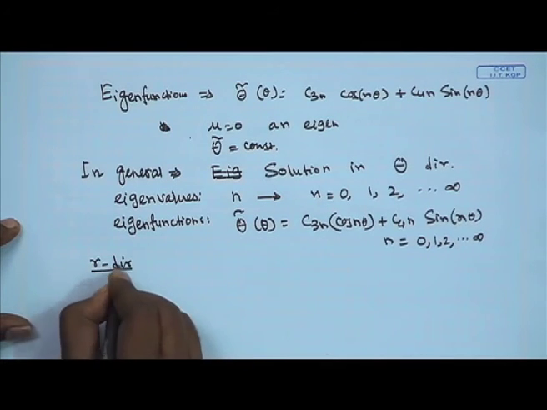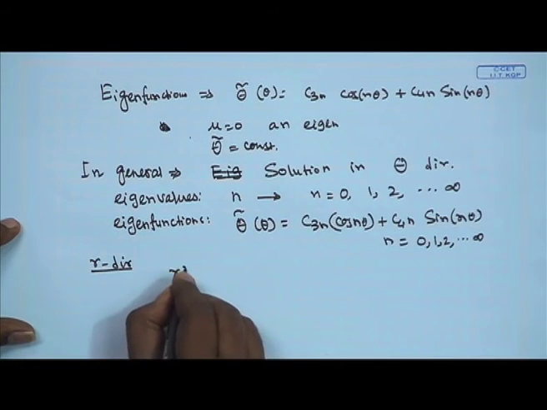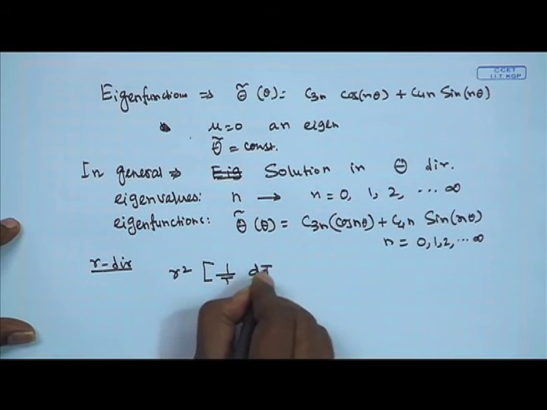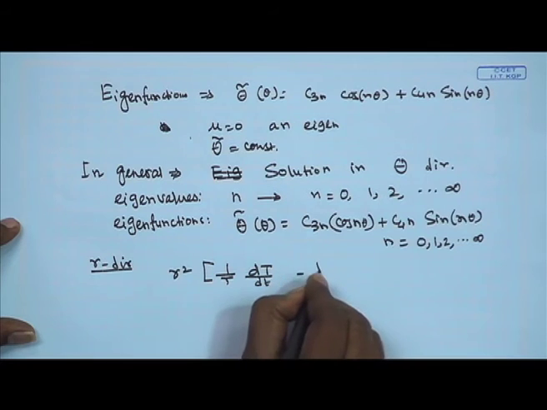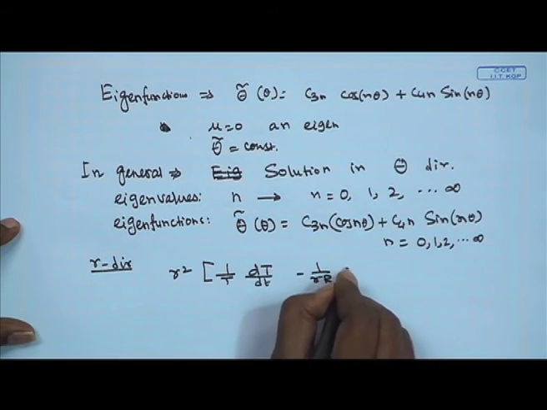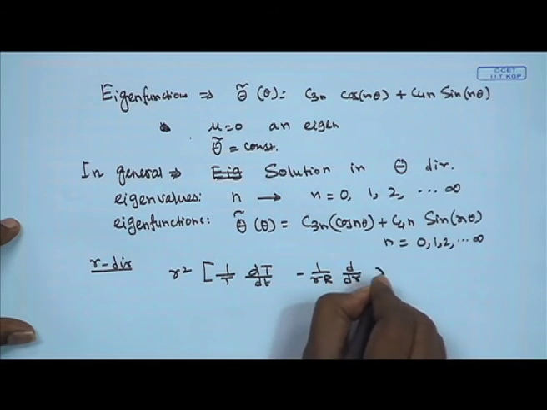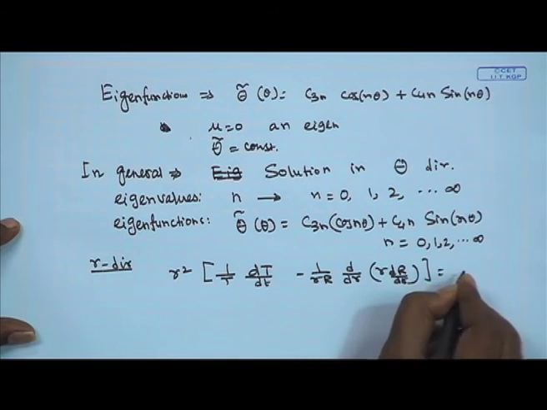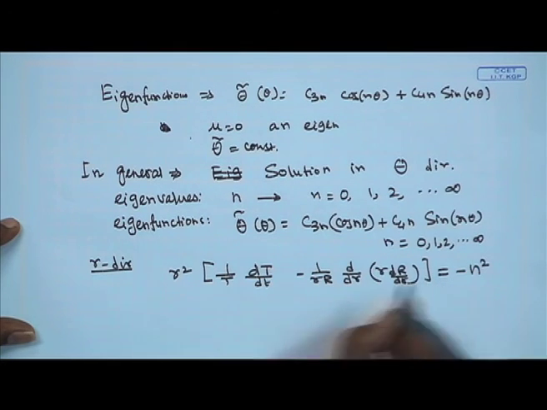Now let us write down the governing equation in the r direction part, that is only left behind. It will be nothing but r squared times 1 over T dT/dt minus 1 over R d/dr of r dR/dr is equal to minus lambda squared. The alpha squared will be n, so it will be n squared.